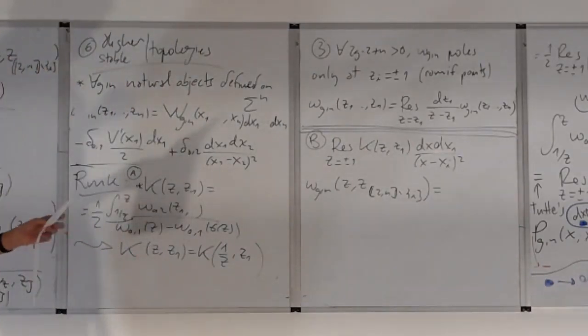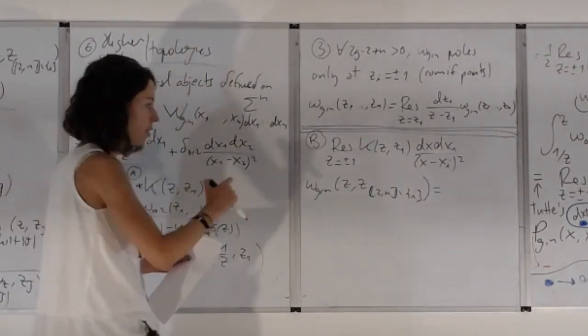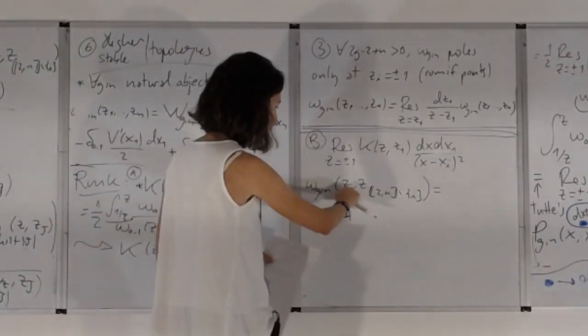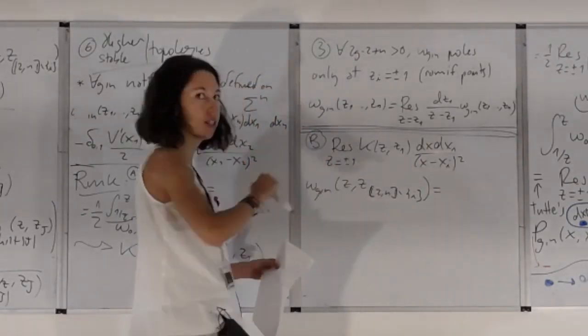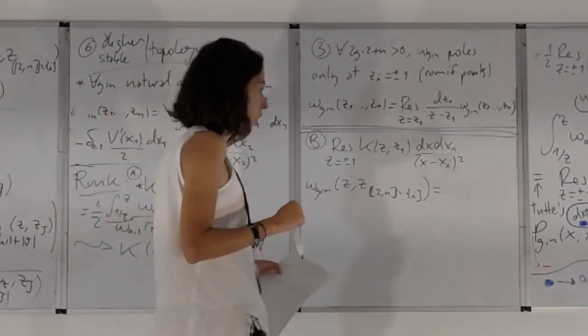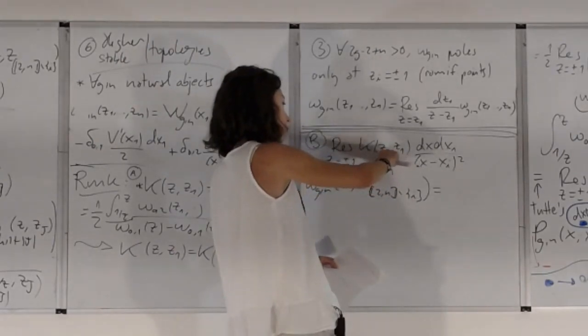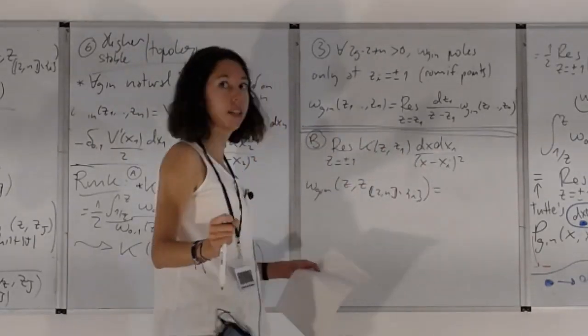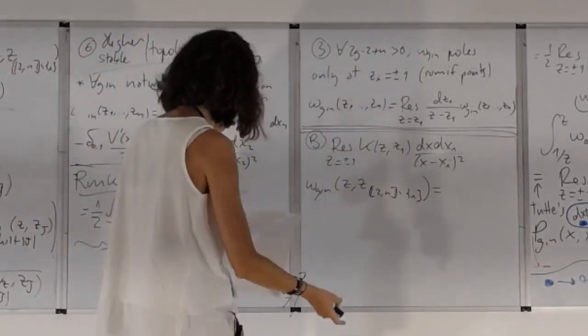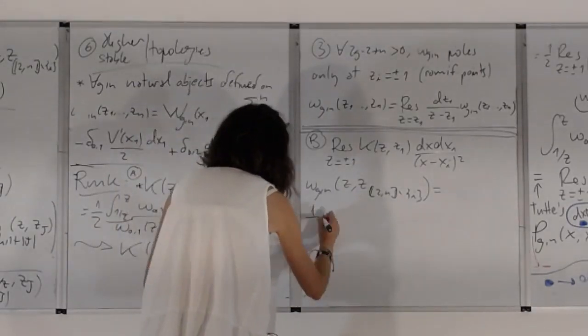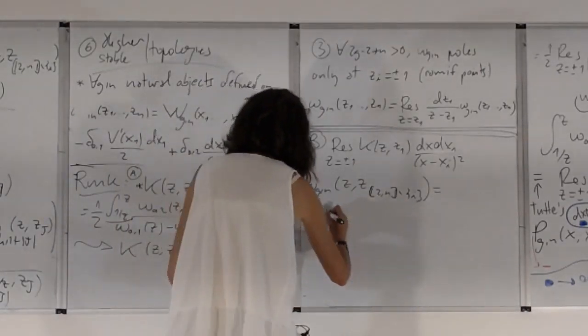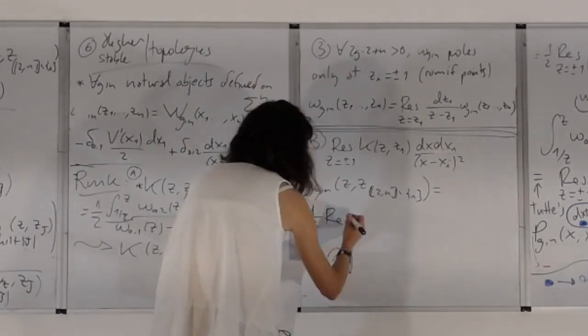We use the same trick as before. The residue will be the same if we change z to 1 over z everywhere, but if we change z to 1 over z here and here, that stays the same. So the only thing that changes is this one. So we can take those two guys and take the half of it, and we will get what we want.